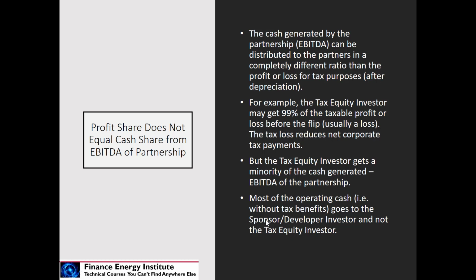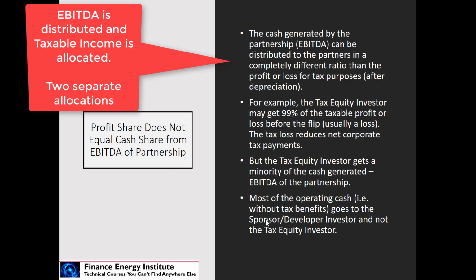So here's the basic thing. There is a partnership set up. I almost should make a diagram, but I didn't. That partnership has some EBITDA. It has some cash flow before taxes. And then you allocate that cash flow to two of the investors you have, this tax equity and the developer.